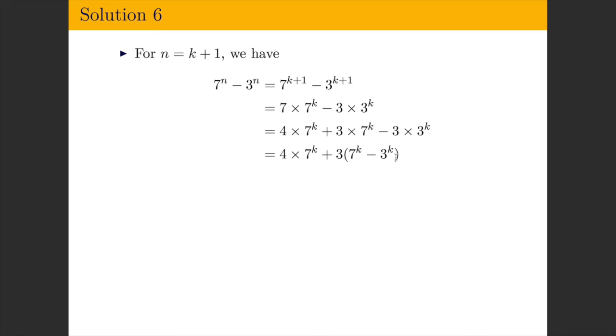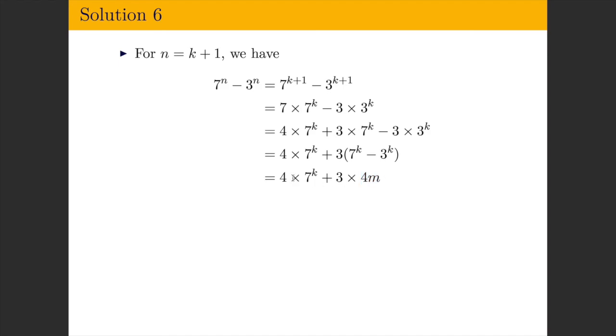And now you'll notice I've nicely forced in our assumption. Here is our assumption step. Here is the 7^k minus 3^k. And in the next step, we can replace this 7^k minus 3^k with 4m.